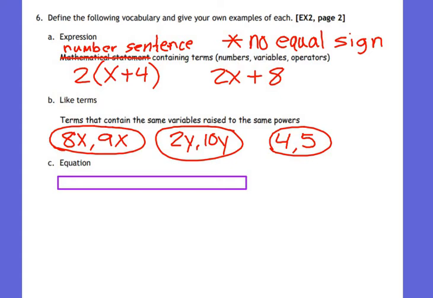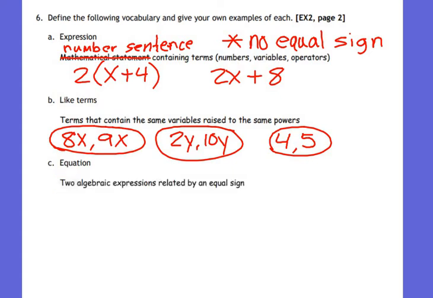And what's important about equations? They have an equal sign. It's actually two expressions related with an equal sign.